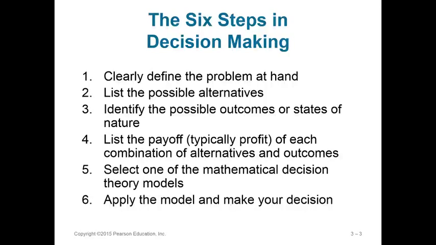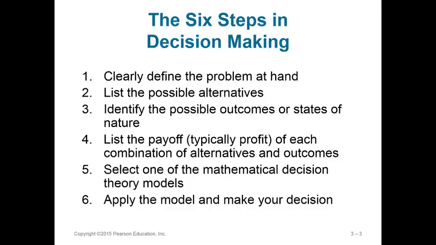Once you've figured out some of those outcomes, or potentially states of nature, which is, if you took an action, what would the economy be like, or what would the labor situation be like, etc. That could be the thing that you start making your decisions about.